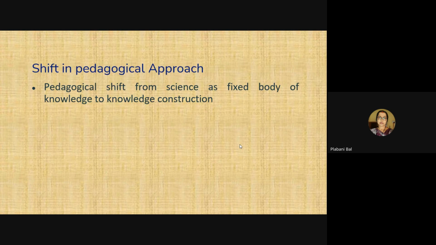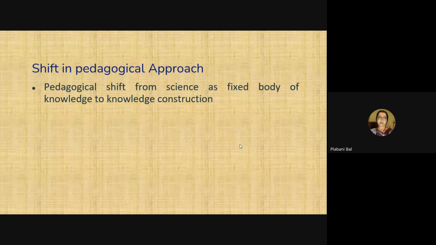There is a shift from understanding science as a collection of facts and principles to constructivist and inquiry-oriented learning experiences, taking learners to the center of the process.